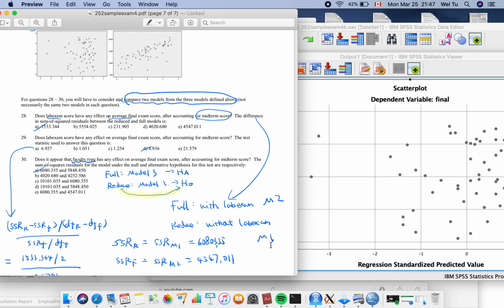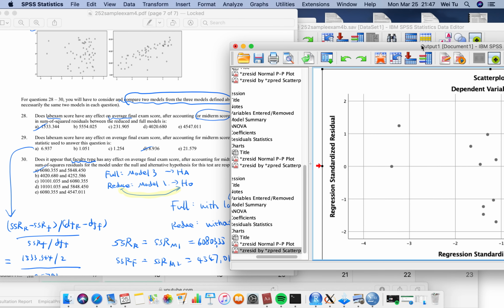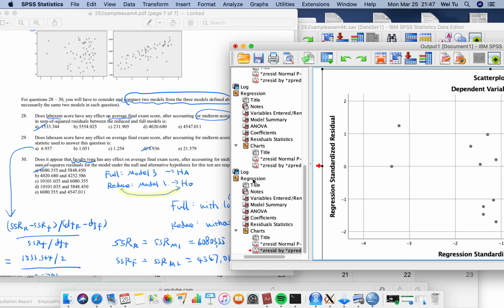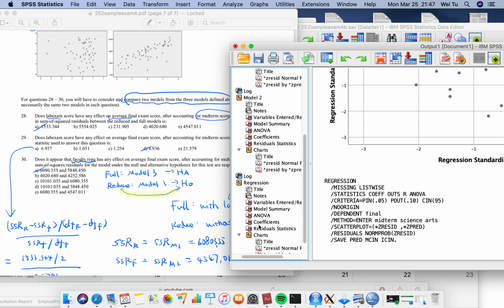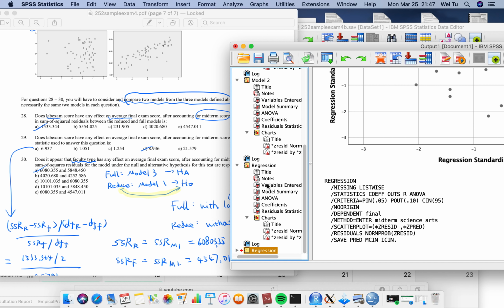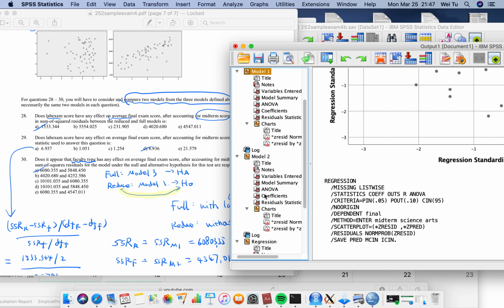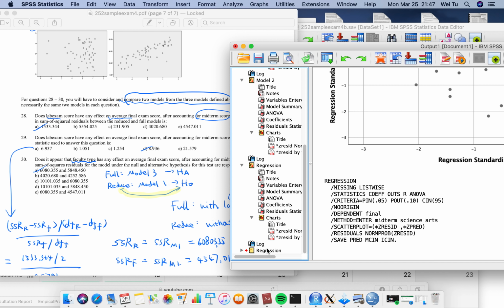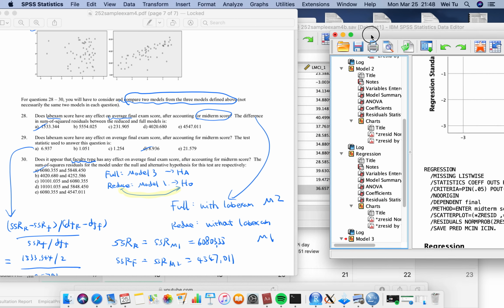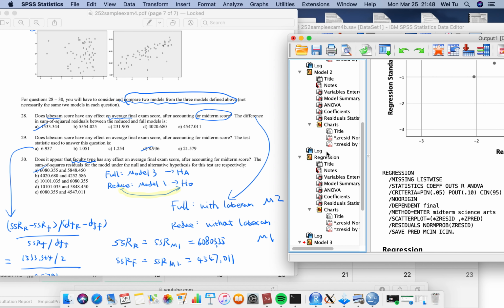Okay, so now we have these models: model 1, model 2 and model 3. Model 2 is the full model.